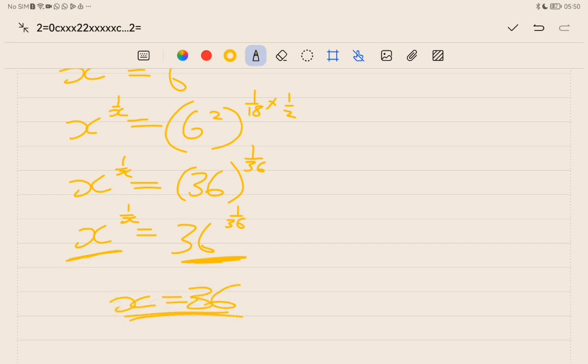There are other ways in which you can solve this, but not on your level as a matriculant. This kind of question just trains your mind. They are not really abused in the exam, but you just need to familiarize yourself with these kinds of questions.